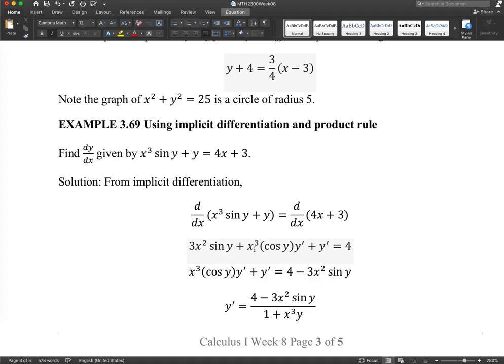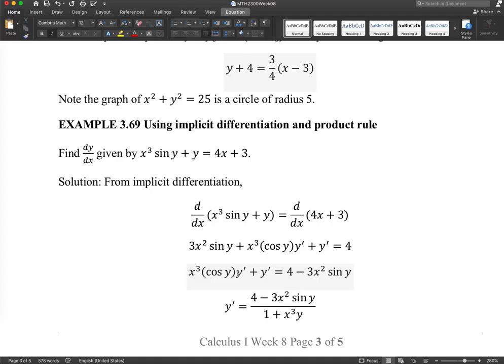Okay, and then look closely. For this problem, indeed, we need dy/dx, which is just y prime. So what I did next is I moved the terms with y prime to the left-hand side, and the other terms without y prime to the right.